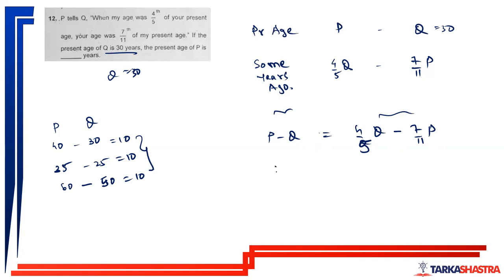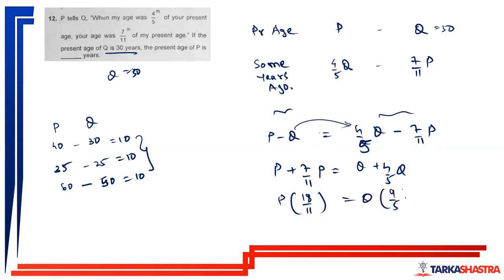So P plus 7 by 11 P is equal to, this Q will come here, Q plus 4 by 5 Q. So P common, 1 plus 7 by 11 is 18 by 11. And then Q common, 1 plus 4 by 5 is 9 by 5. 9 ones are 9, 9 twos are 18, so what we have is P into 2 by 11.